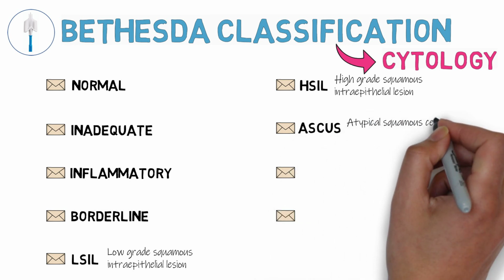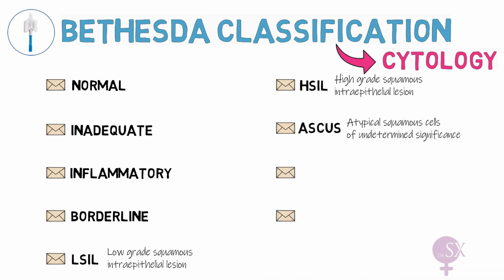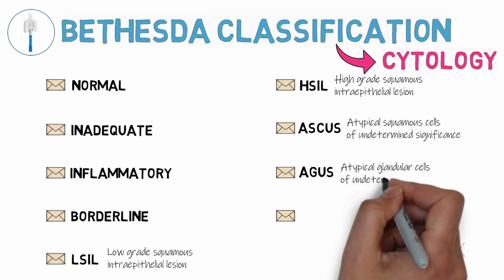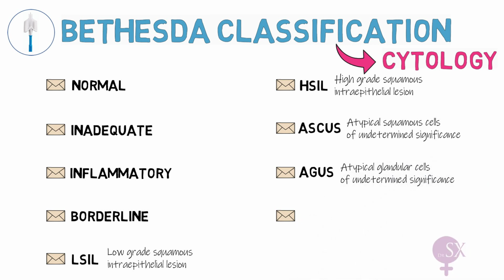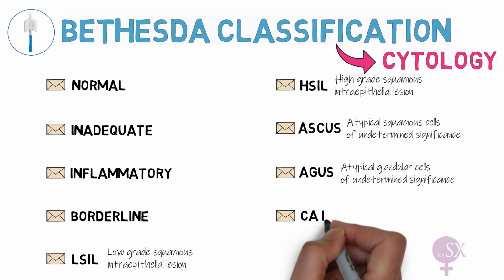ASCUS, atypical squamous cells of undetermined significance. So there are abnormal cells, but it is uncertain whether they are of a low grade or high grade. AGUS, atypical glandular cells of undetermined significance. So abnormal columnar cells, possibly pointing towards an endometrial problem here rather than a cervical one. And lastly, carcinoma in situ.